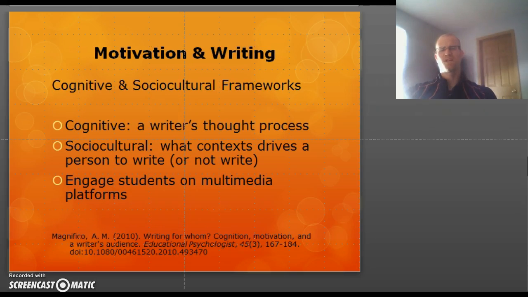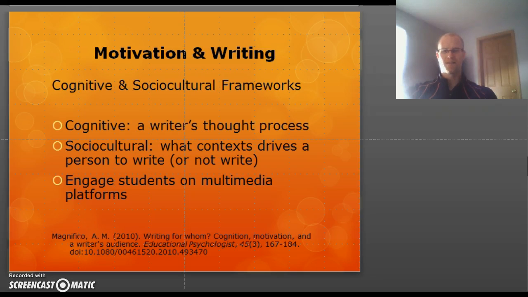When it comes to motivation and writing, I would like to discuss two frameworks, the cognitive framework and the sociocultural framework. The cognitive framework is concerned with the writer's thought process while writing.